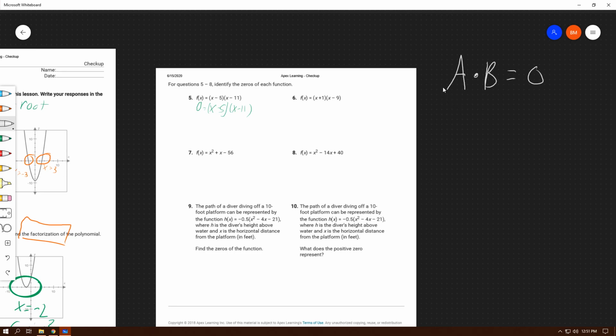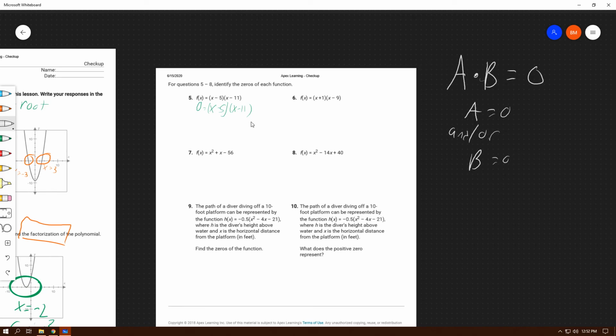So in this situation, a times b equals 0. A could equal 0, or b could equal 0. Only one of a or b needs to be 0 for this equation to work, right? Because anything a is times 0 is going to be 0. Anything b is times 0 is going to be 0.